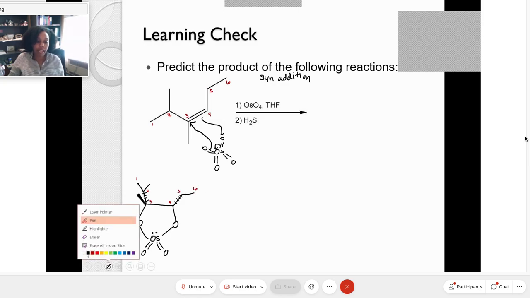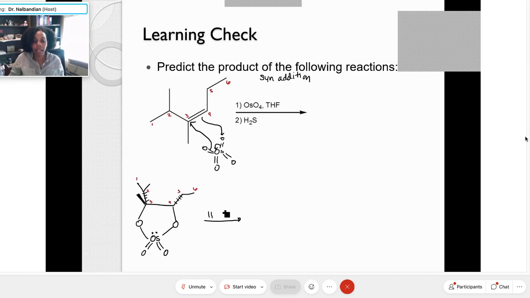So you need to know the mechanism for the first step, but the second step, H2S, no mechanism needed. You just need to know that these bonds get broken. These oxygen-osmium bonds magically get broken, and we end up with OHs instead.